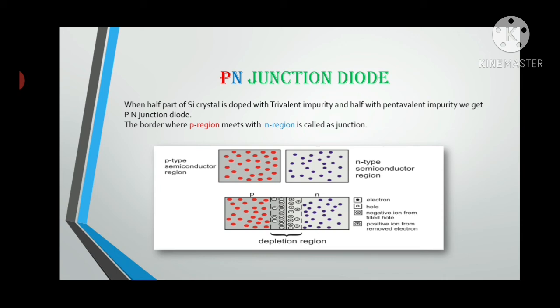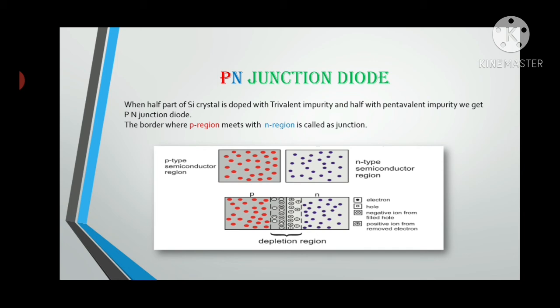When half part of a silicon crystal is doped with trivalent impurity and half with pentavalent impurity, then we will get a PN junction diode.